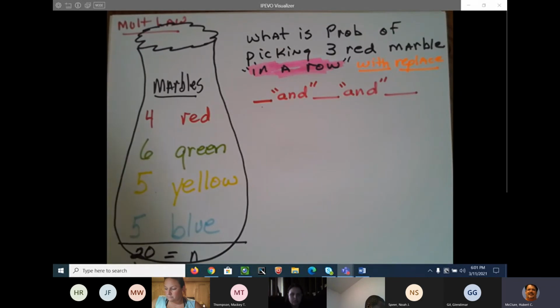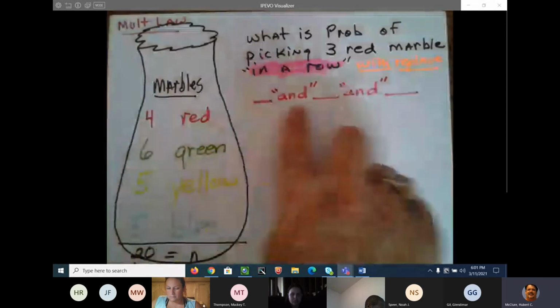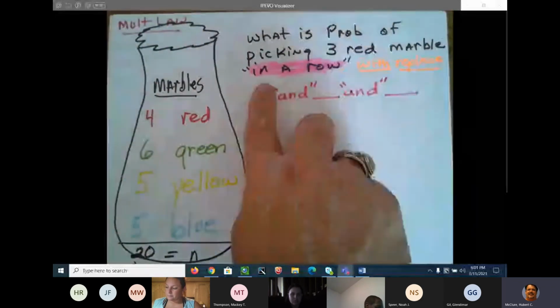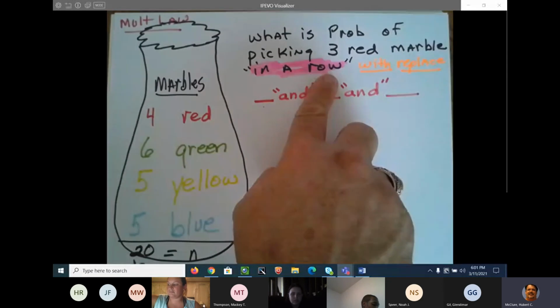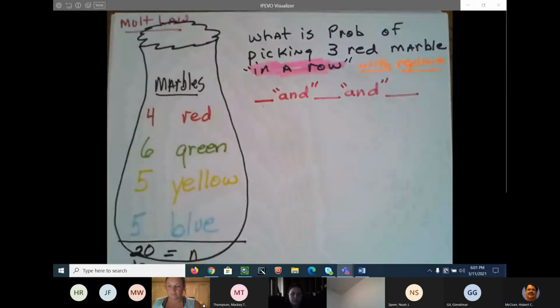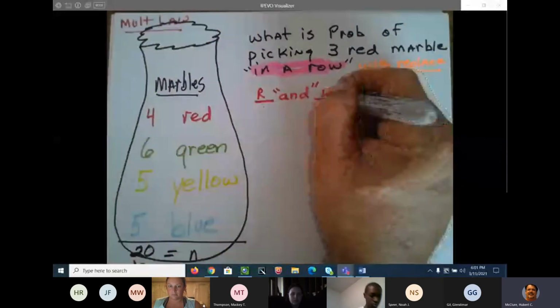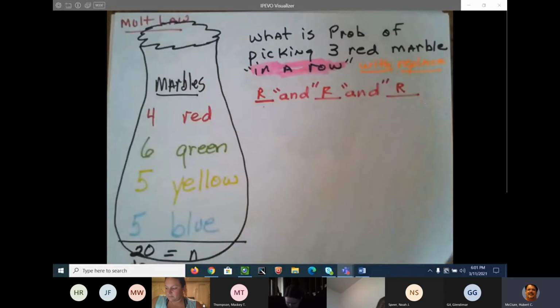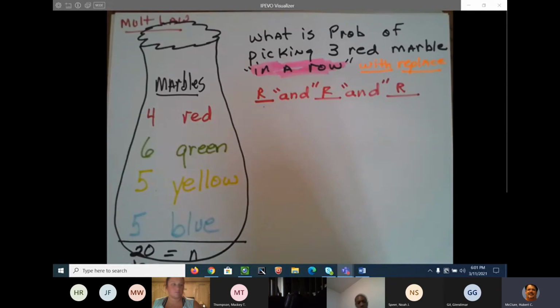So this line, when it says 3 red marbles in a row, I'm going to pick red and red and red. So what is, somebody tell me the probability of picking a red marble? 4 out of 20.